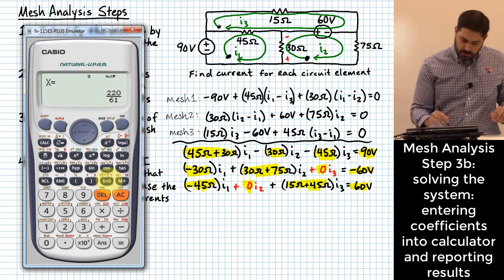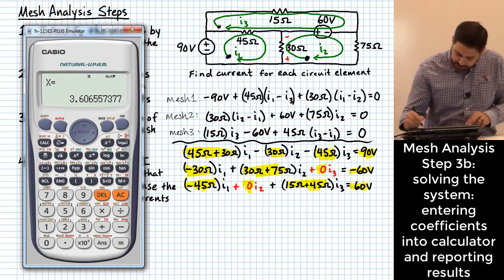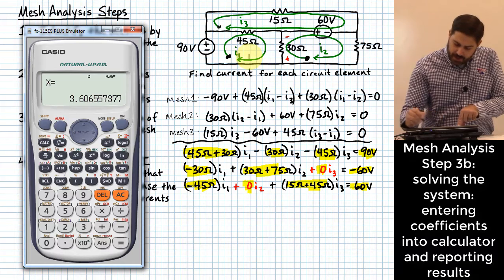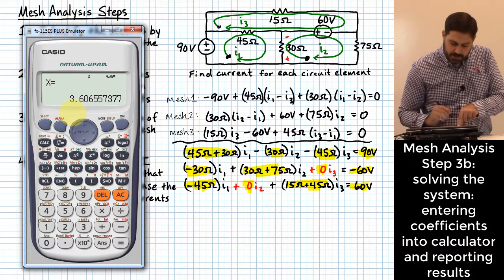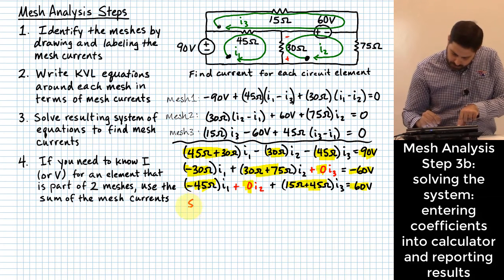Okay, when I hit equals, I come up with answers. So this is the solution I'm about to write down right here. My first mesh current, I1, is going to be 3.607, let's say. I1 is equal to 3.607 amps.